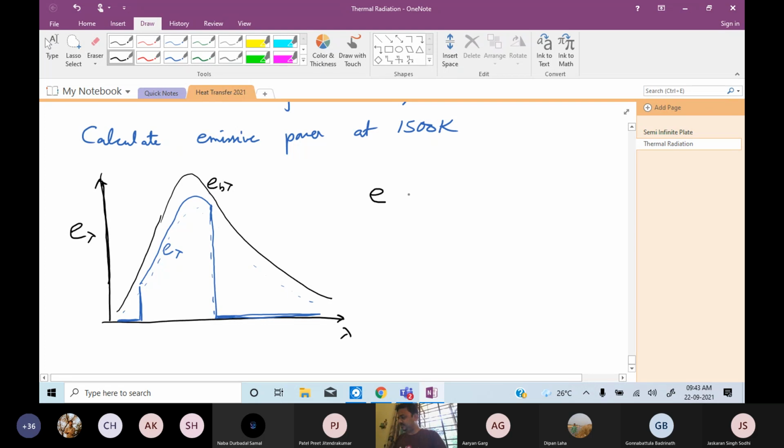They're asking you to calculate the emissive power, E. And what is E? We know that it is the integral from 0 to infinity of epsilon lambda EB lambda d lambda.